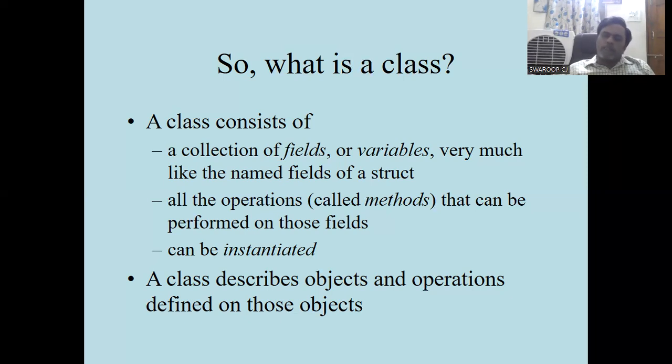Then when you define an object for the class, all the methods and all the data inside the class can be accessed with the help of the object. This is the concept here.